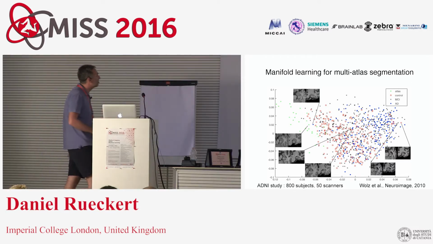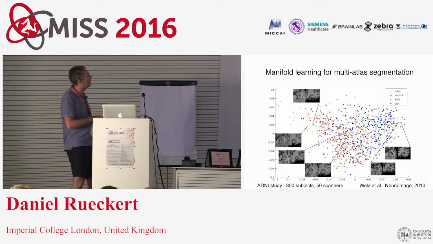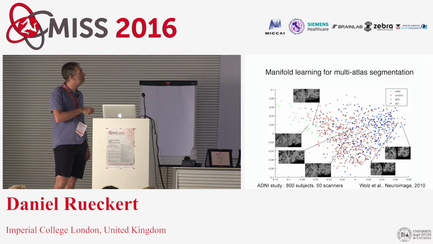Well, I'm going to use the following idea. I'm going to use my labeled data, which are the blue points here, and I'm going to only label those brains which are close to the population of labeled brains. So I'm going to select the nearest points, these green points. I'm going to label those by doing multi-atlas segmentation, so what I showed you before.